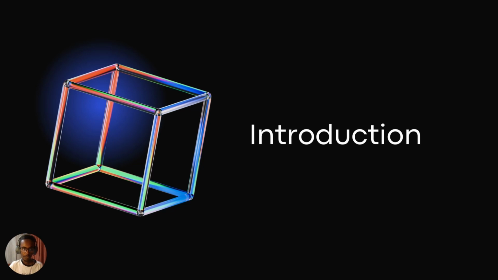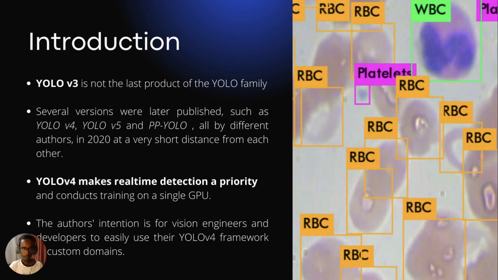So first, let's introduce the YOLOv4 network. Last time, we talked about YOLOv3, and YOLOv3 is not the last product of the YOLO family. Several versions were later published, such as Scaled-YOLOv4, YOLOv5, and PP-YOLO, all by different authors in 2020, at a very short distance from each other.